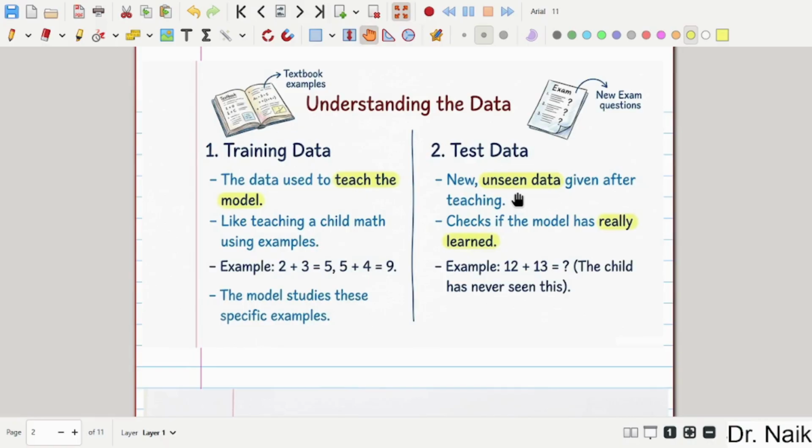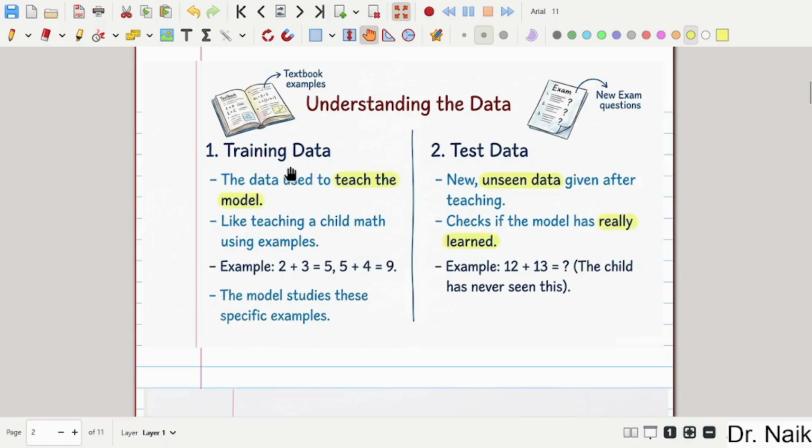You study from your textbook. That's your training data. Then you write the final exam. That's your test. The exam tells us whether you really understood the concept. Similarly, the test data tells us whether the machine learning model has truly learned.